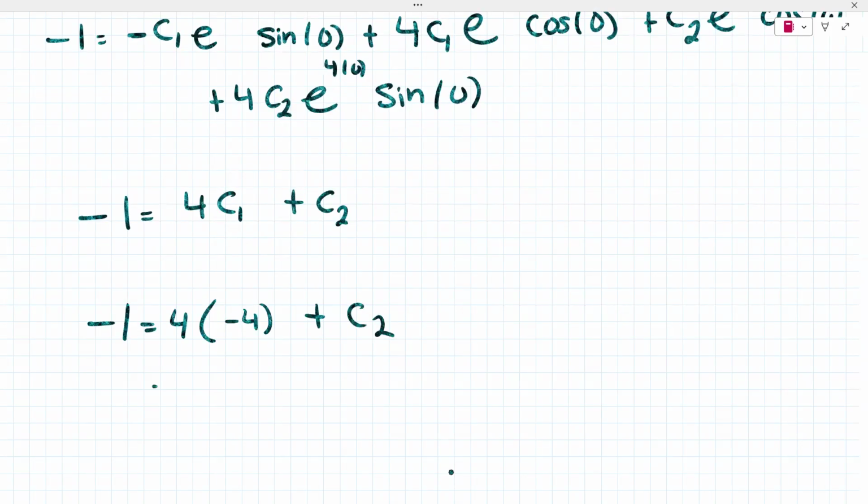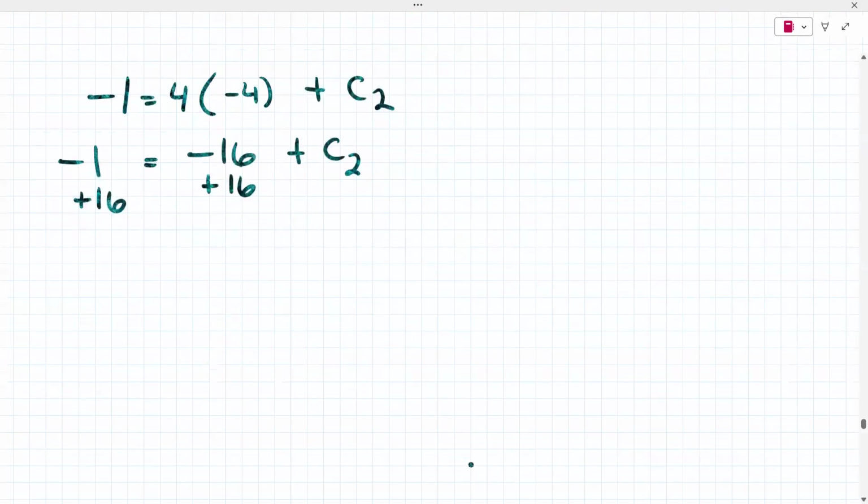So 4 times negative 4 is negative 16, plus C2. Add 16, so I get C2 equals 15.